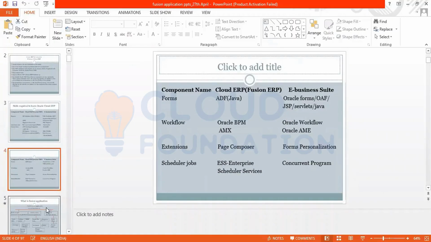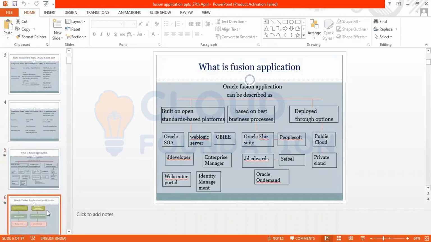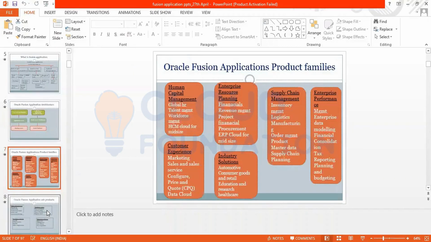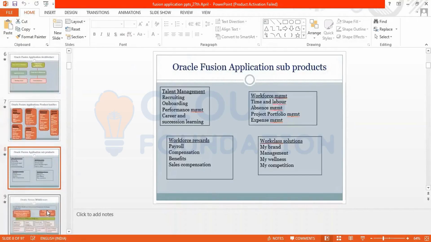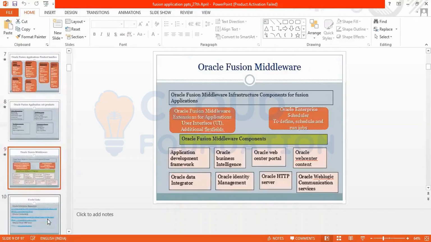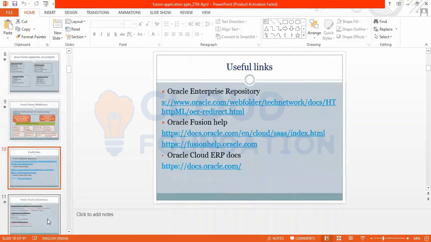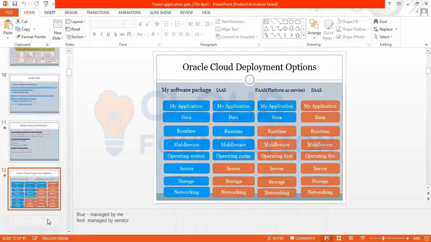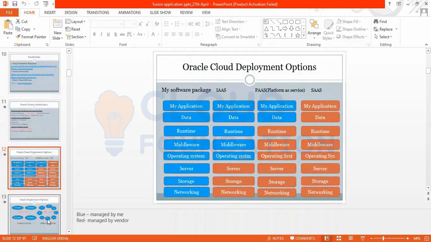All these things we are going to discuss one by one, and we are going to talk about architecture. Then product families. Then what are the sub-products? What is the middleware? What are the useful links we have? And the cloud deployment options. So all these things we will discuss one by one.